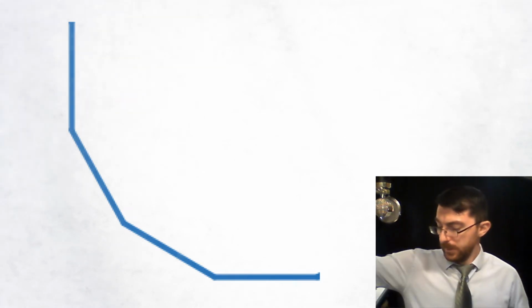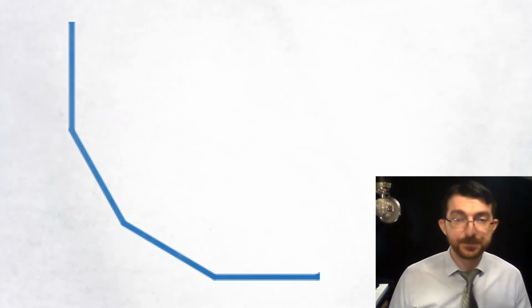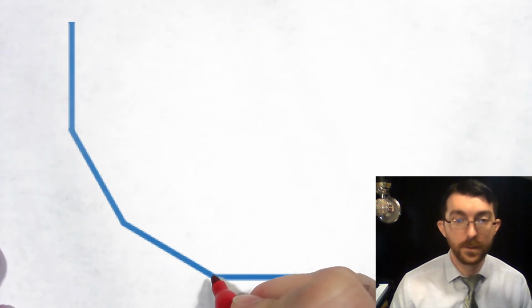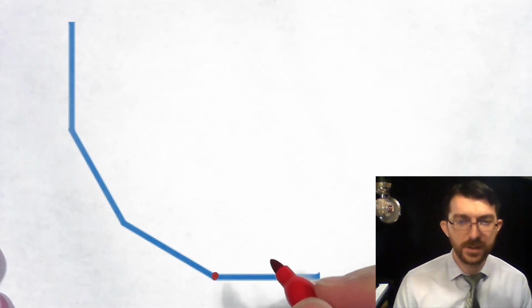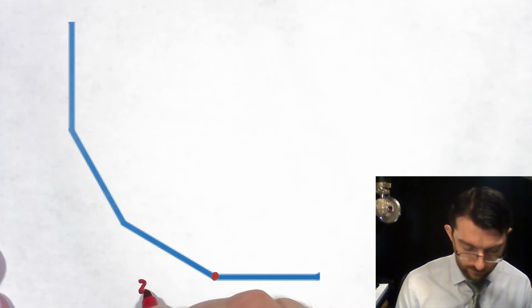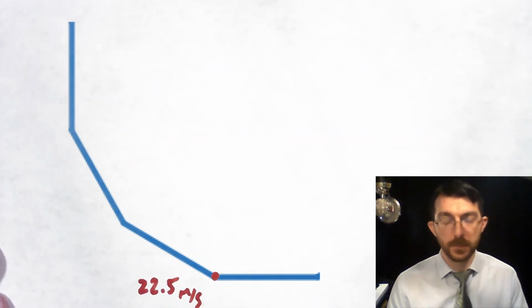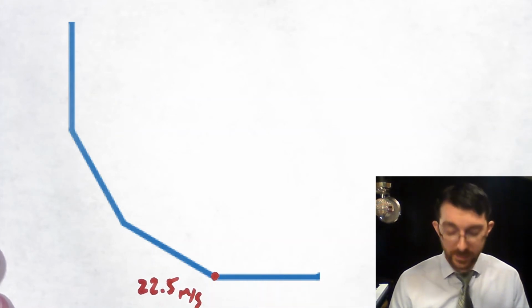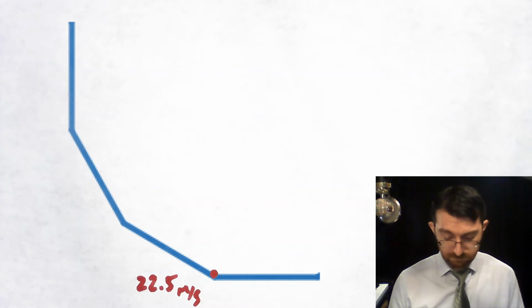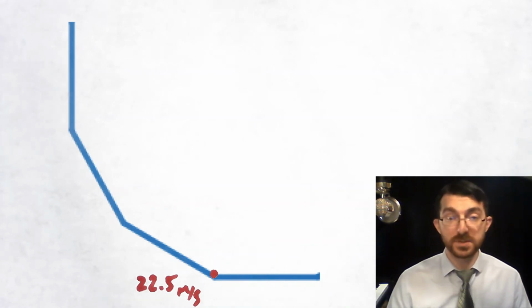Okay. Well, since we have an initial velocity of 22.5, and it's 0 degrees for 30 meters, well then, let's find the forces.